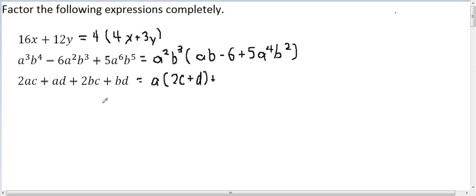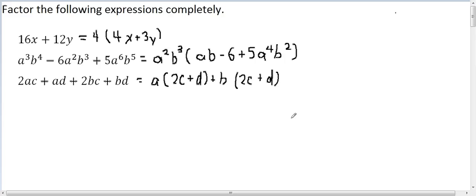Next, we're going to take a look at just the third and fourth terms. If we compare 2bc to bd, they have b in common. So let's go ahead and factor b out from the third and fourth terms. We'll be left with (2c plus d).